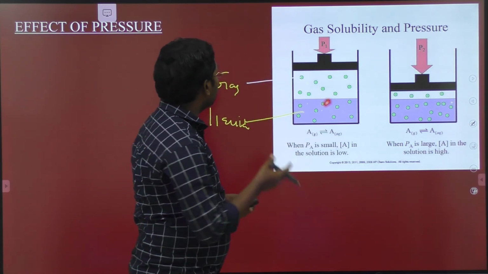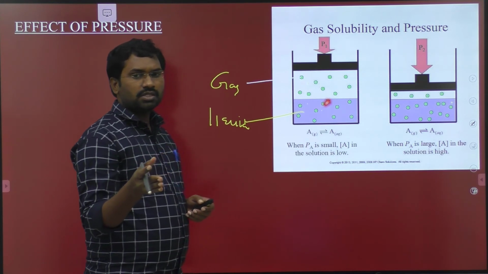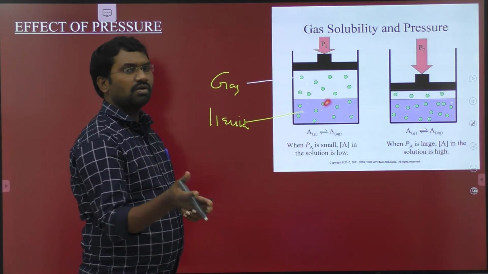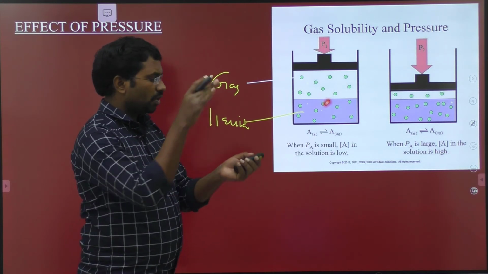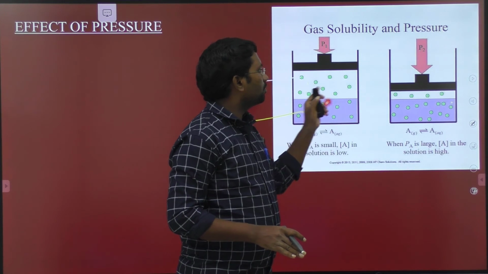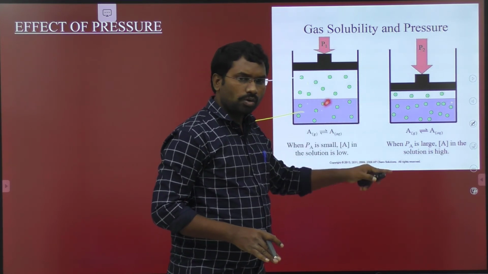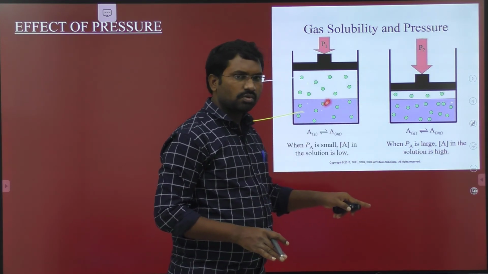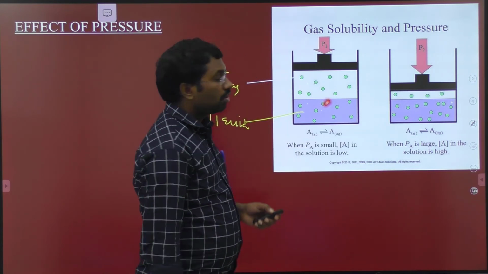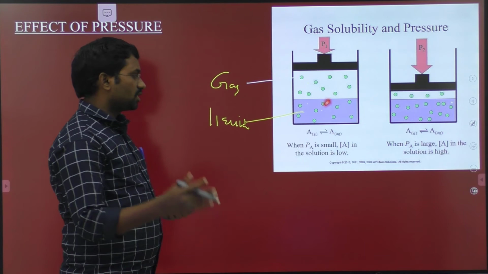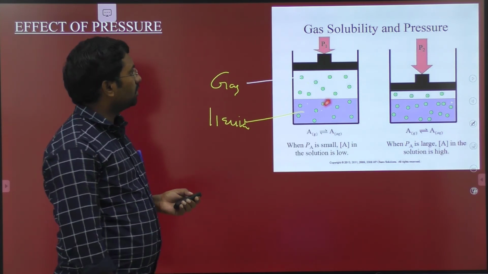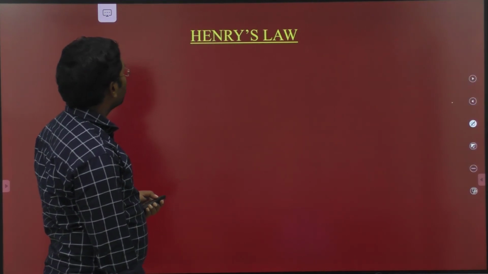Therefore, pressure definitely has a great influence on the solubility of gas in liquid. In figure 1 and figure 2, with P1 and P2 pressure applied, more pressure means more gas molecules dissolved in the given liquid. So this is the effect of pressure.